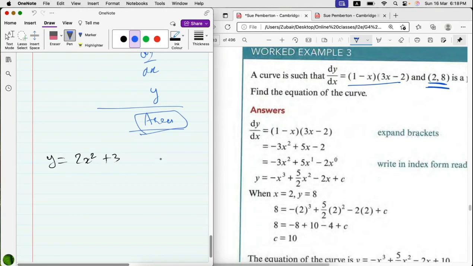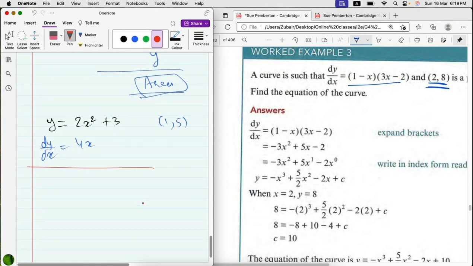And I'm giving one of the points: when x is 1, y is 5. So we differentiate it. dy by dx is 4x. This is the differentiation. And if I wish to get the equation back, this would be my main question, 4x. Now I'm going to integrate it.